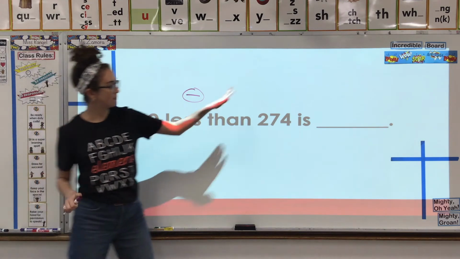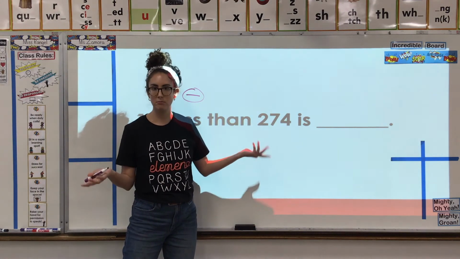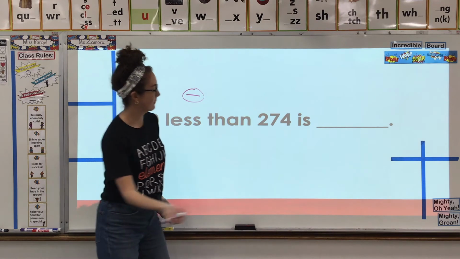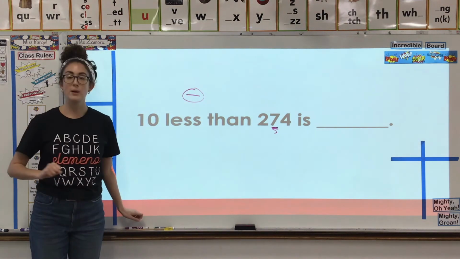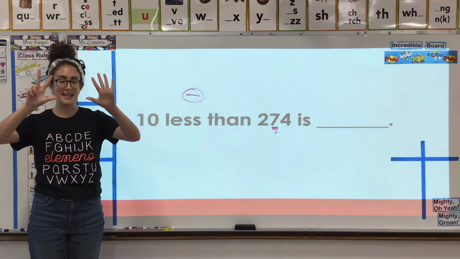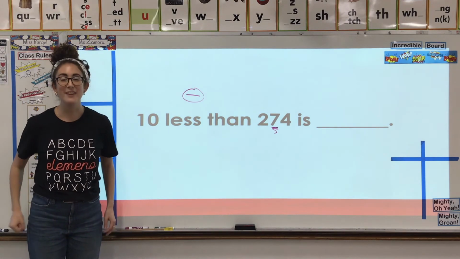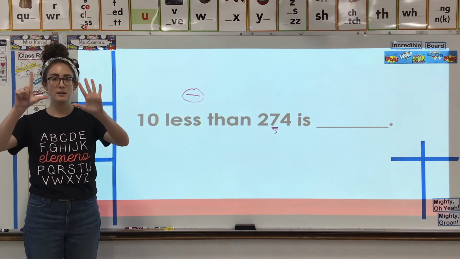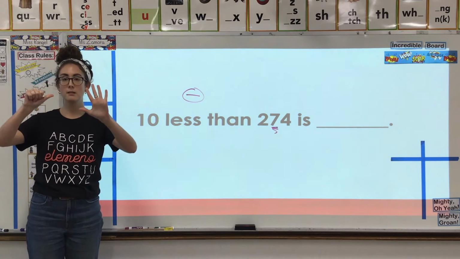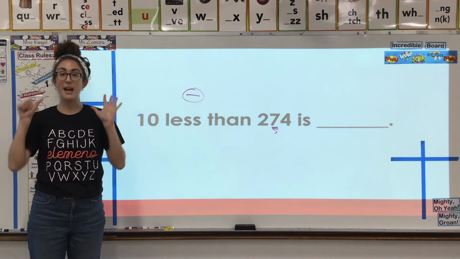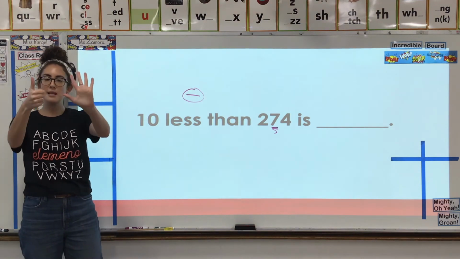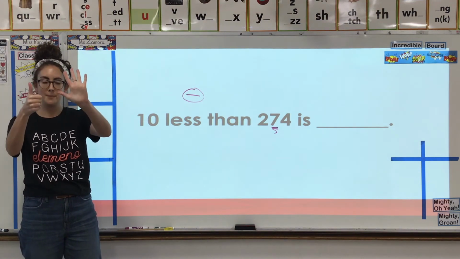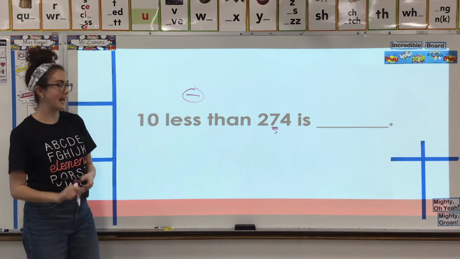Let's see. How many 10s do we already have? We have 7 10s. If we have 7 10s, can we take one away? Yep, we could take one away. That's perfectly all right. So how many 10s are we left with? 6 10s.